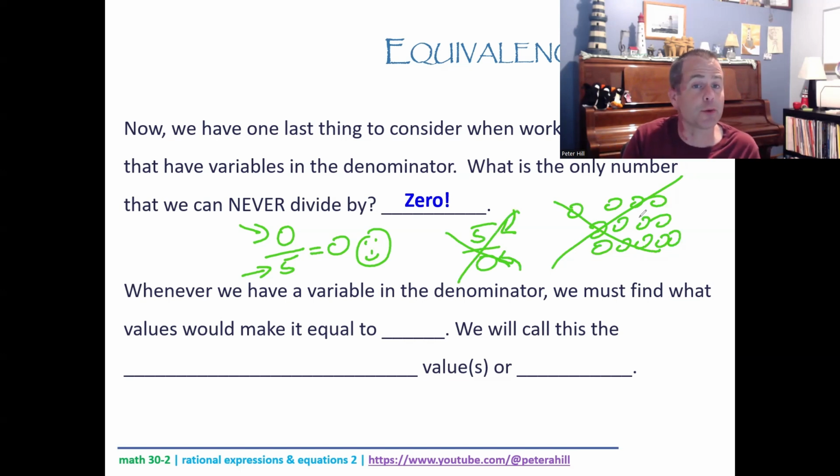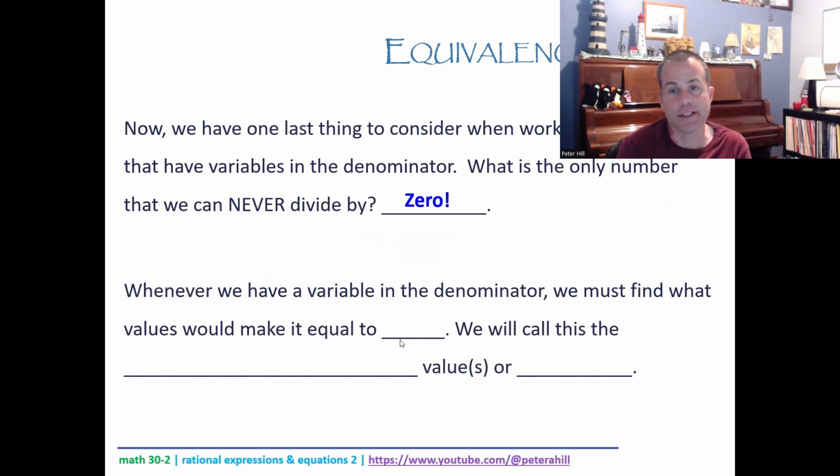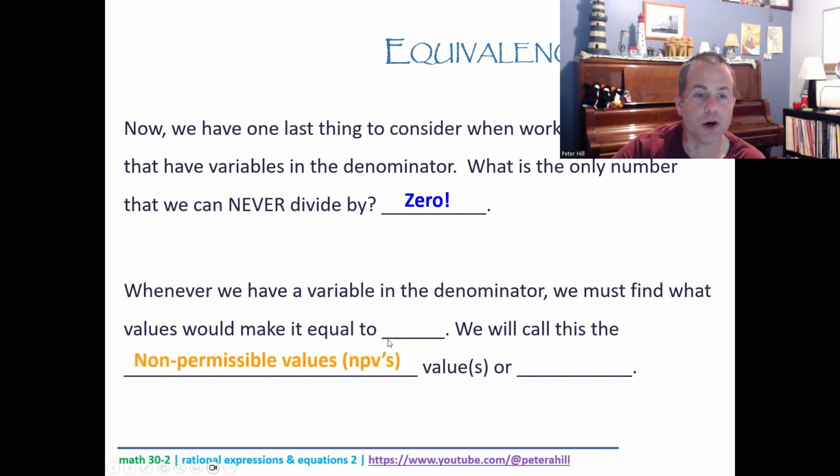I can't have the variable be something that would cause a 0 on the bottom of a fraction. So whenever we have a variable in the denominator, we must find what values would make it equal to 0. We call these the non-permissible values, sometimes abbreviated as NPVs or restrictions.